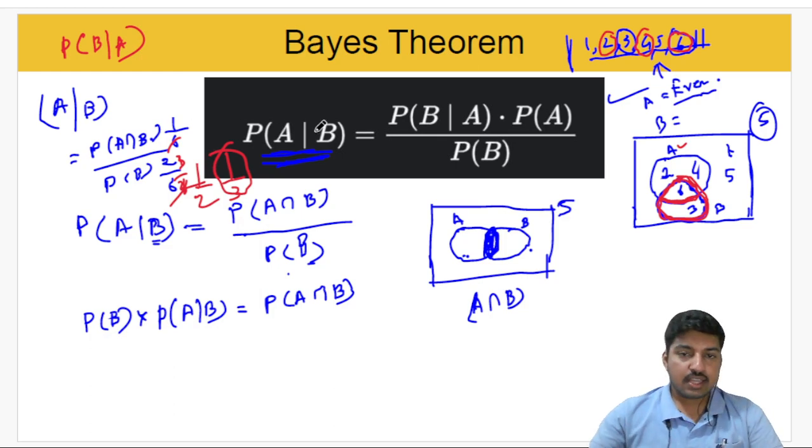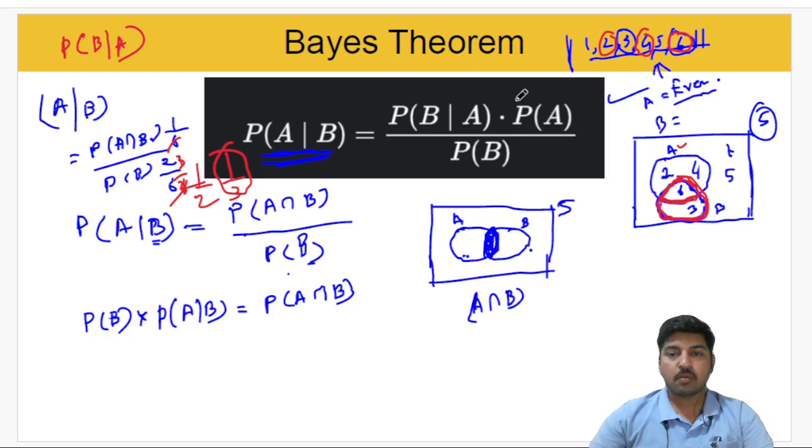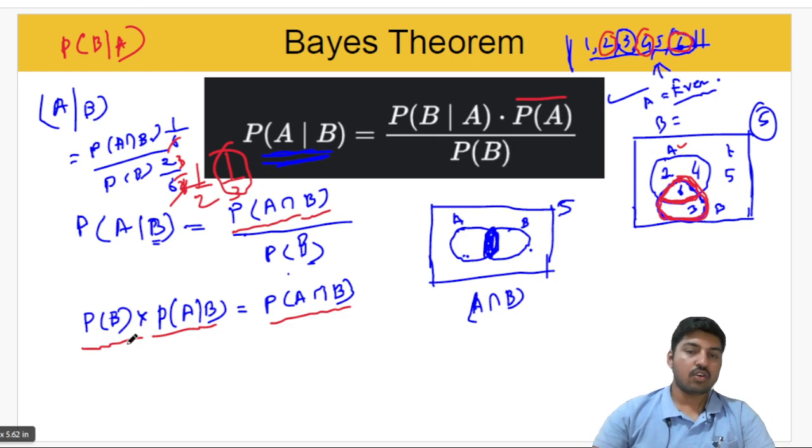So now what they have said is that if I multiply that event with my probability of A already, then I will get my event A intersection B. This is what we are calculating here.